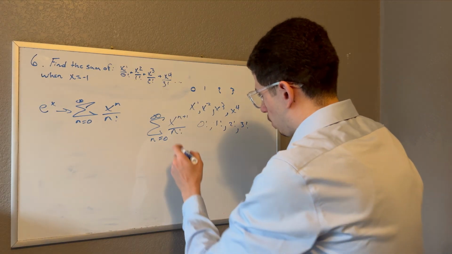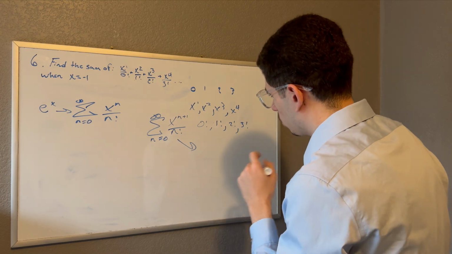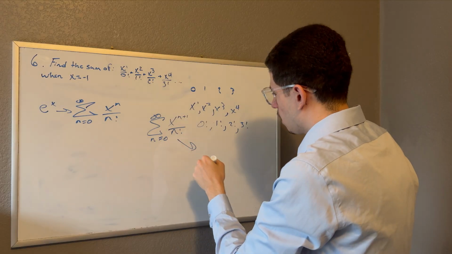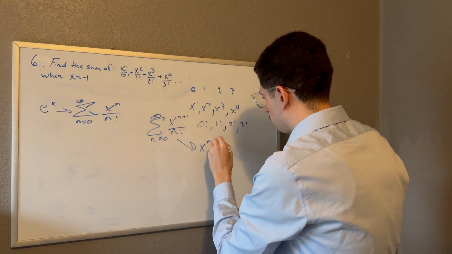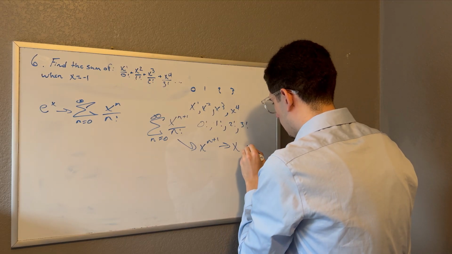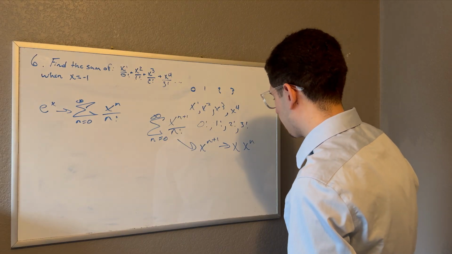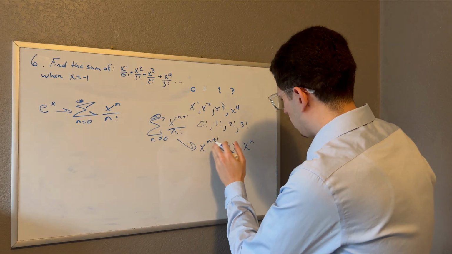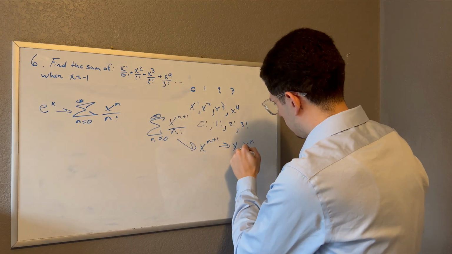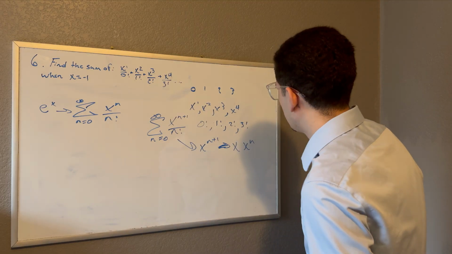So a better way of approaching it is removing the x from it. So this x to the n plus 1 equals x times x to the n. This is just simple algebra. You could remove the x from it because it's n plus 1, which would be like this. These equal each other, by the way.